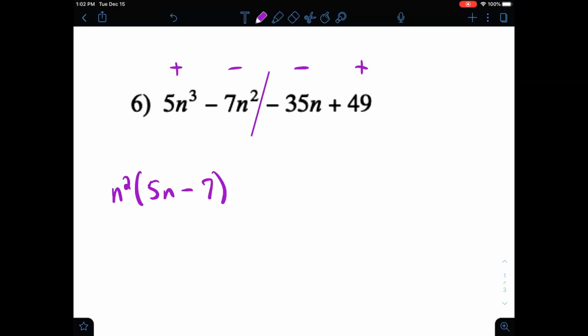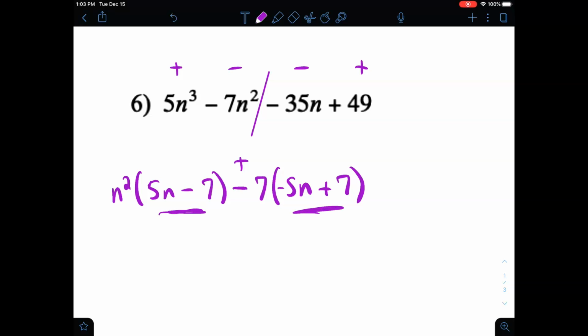Instead of pulling out a plus right here, when the signs do not match, we're going to pull out a negative. What number goes into 35n and 49? Well, it's going to be 7. We can pull out a negative 7, and when you divide by negative 7, you get 5n minus 7. The reason we did that is that if we pulled out a plus here, we would have negative 5n plus 7, which would make these not match.